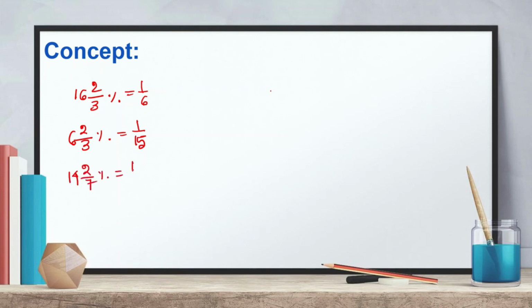For example, 16 2/3 percentage is equal to 1/6. And 6 2/3 percentage is equal to 1/15. 14 2/7 percentage is equal to 1/7.